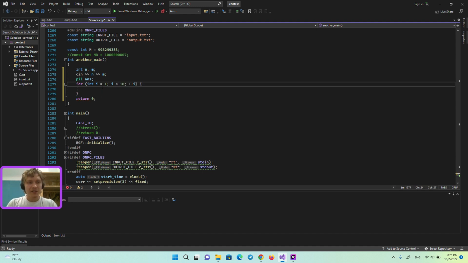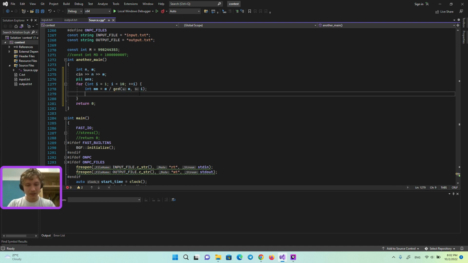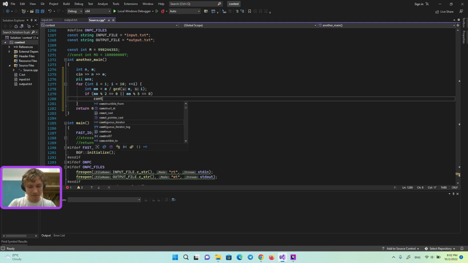So we will try all digits from 1 to 10. What do we do here? First of all, we say that we only need this part of number m, and if it is even or divisible by 5, then this is not okay.